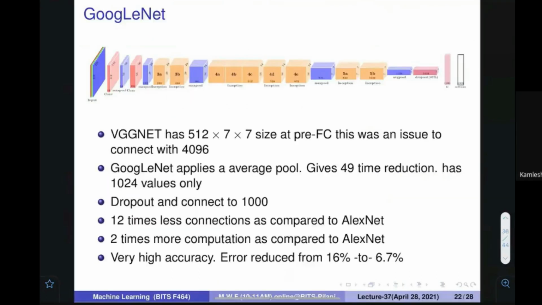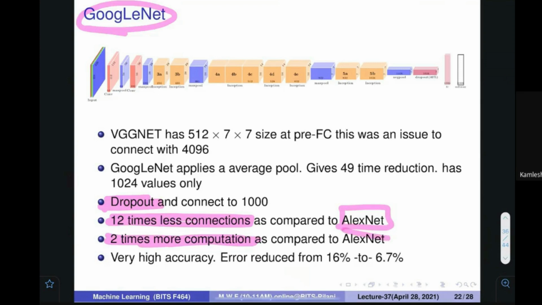Make sense? A very important thing is that they have also used the concept of dropout. Another important thing related to this network is that it has 12 times fewer connections as compared to AlexNet. However, 2 times more computation is needed.